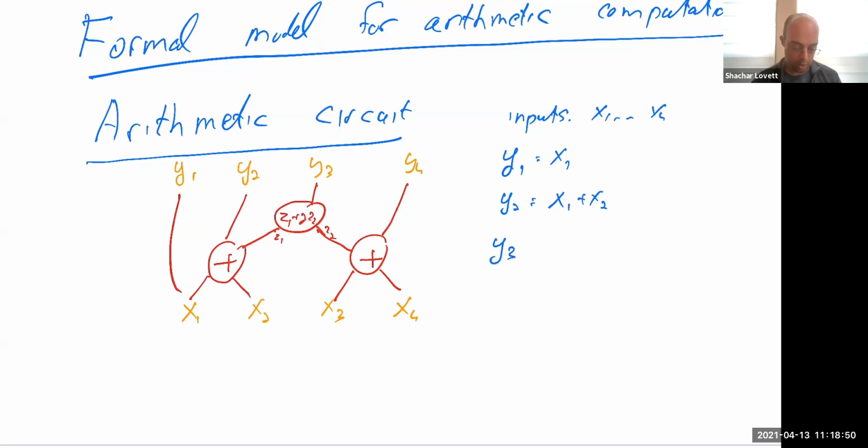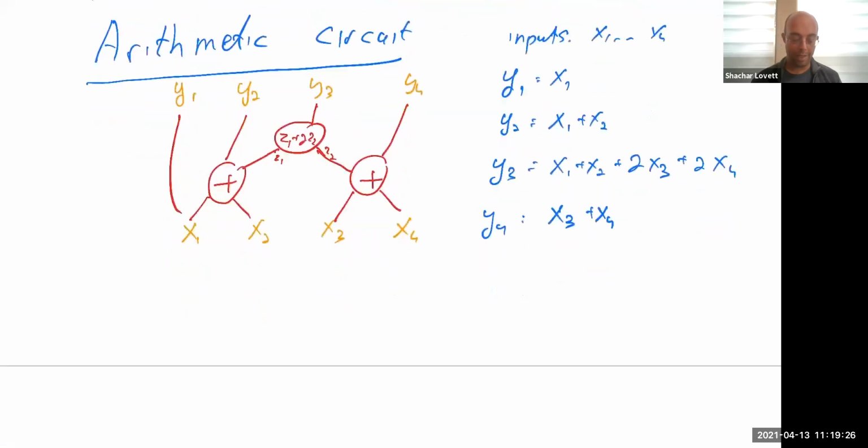Y3 is going to be x1 plus x2 plus 2x3 plus 2x4. And y4 is going to be x3 plus x4. Right, so this is the linear transformation we compute here. And notice that, even though I have 4 inputs and 4 outputs, I only need 3 internal nodes for this computation, right?